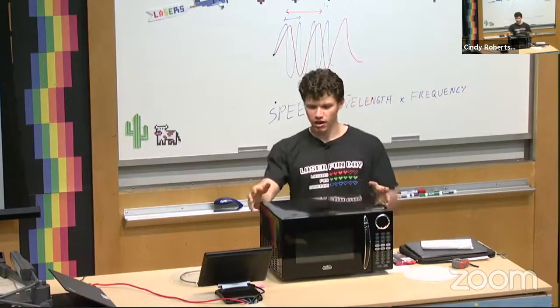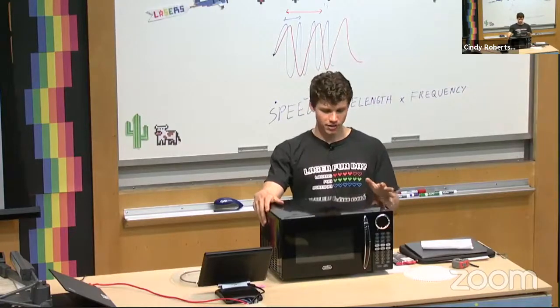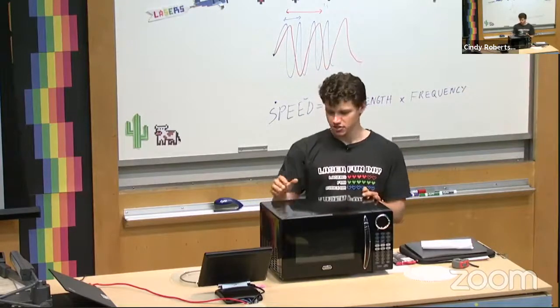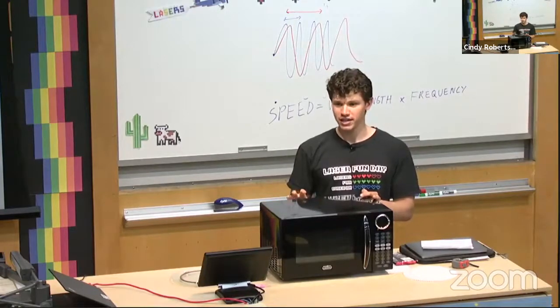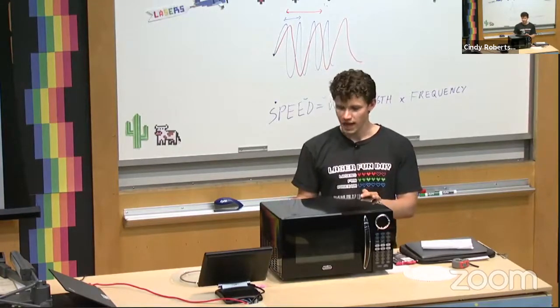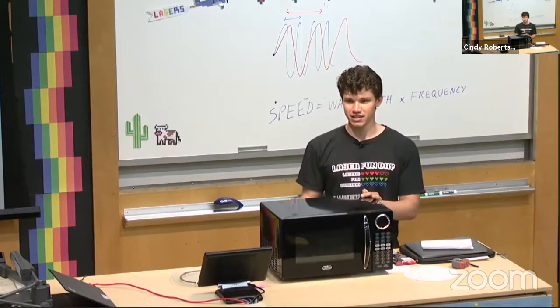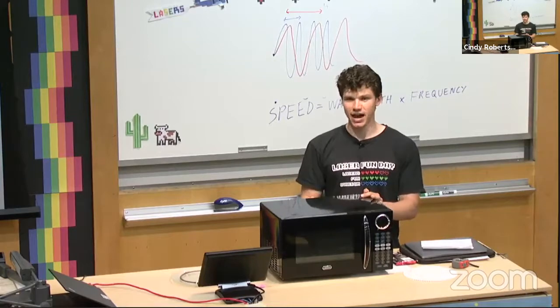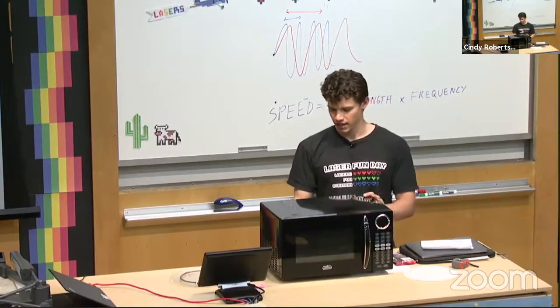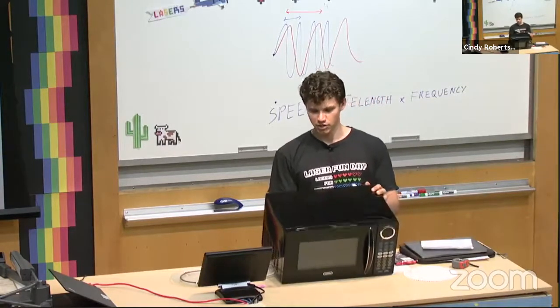If you have a microwave in front of you, the first thing we're going to do is get the frequency of the microwave. The frequency of the microwave is listed on the back. So if you have your microwave in front of you and it's easy to get to the back, go ahead and get in a position where you can read the label.